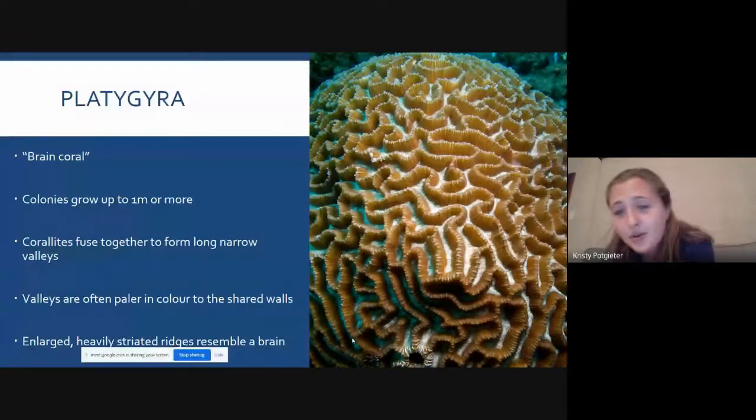So if you just wanted to call these brain corals, that would be okay. These guys can grow quite big, up to 1 meter or more in diameter. And you'll see that those corallites have fused to form these really long meandering valleys. And they're quite beautiful.